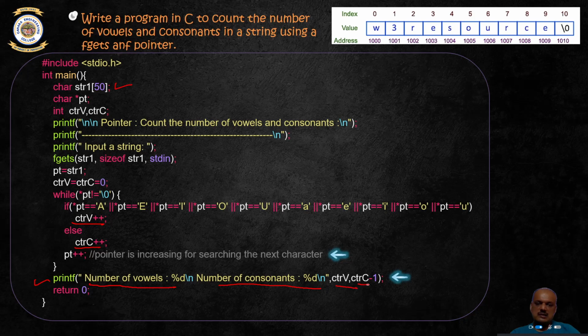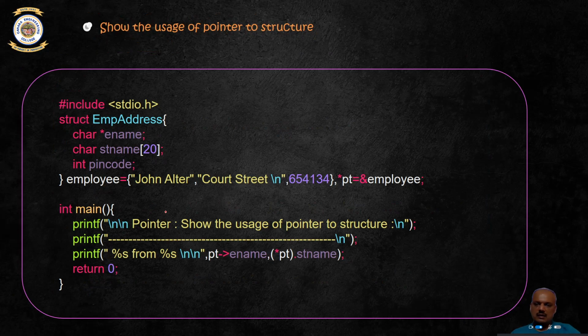Mind you, this is -1 because I need to remove the end character as well. That's why this -1 is there. Hope you have got this concept. Now let's go to the next task.